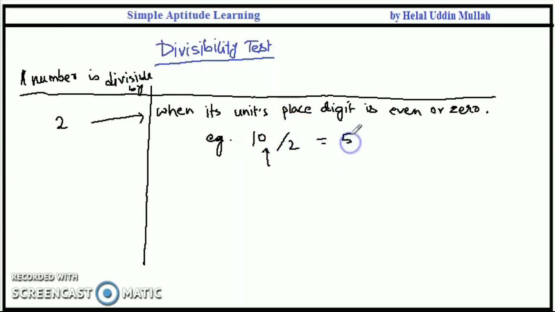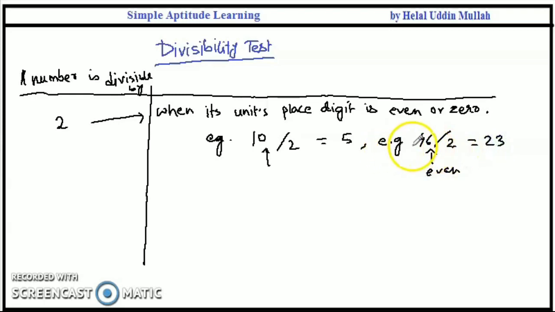Or for example 46: its unit place digit is 6. It is not 0 but it is even. So if the unit place digit is even, then it is also divisible by 2. So 46 can be divided by 2, which is equal to 23.